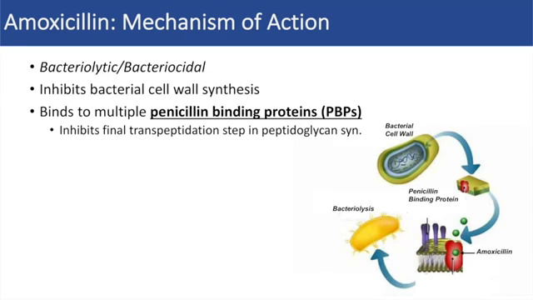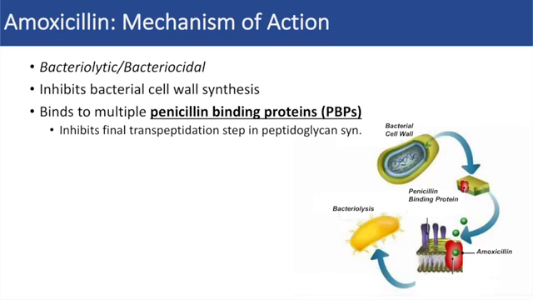So here's a quick schematic of what amoxicillin does. If you were to look at a bacterial cell wall, you'd be able to see these penicillin binding proteins. Again, amoxicillin binds to these penicillin binding proteins, which are critically important for the cross-linking of peptidoglycan, and specifically the final transpeptidation step.